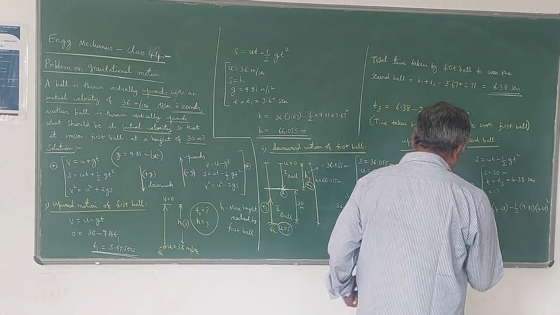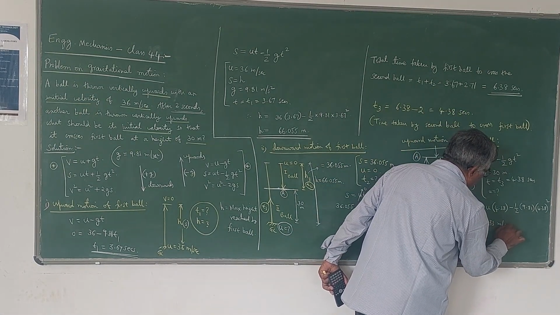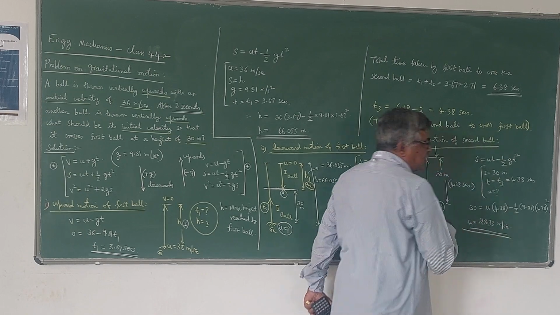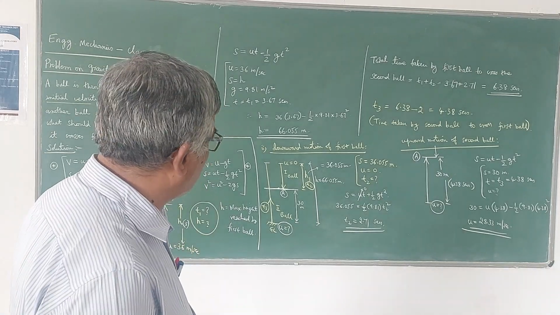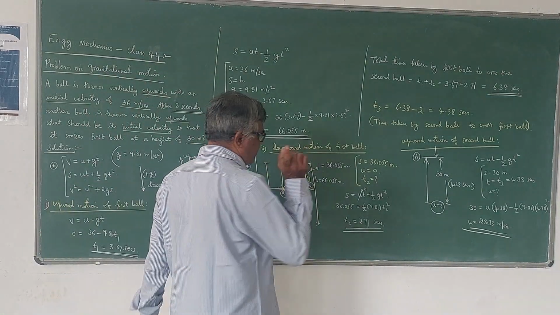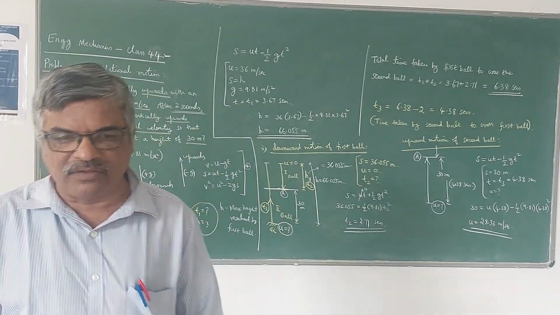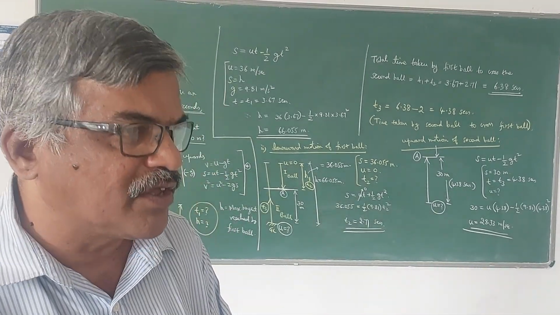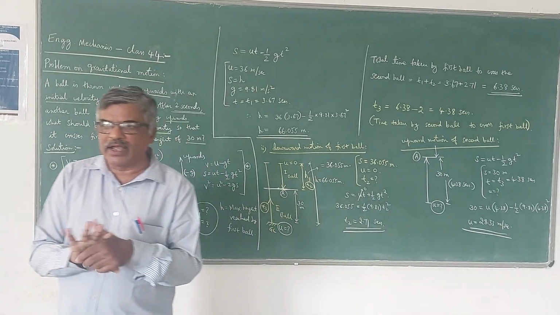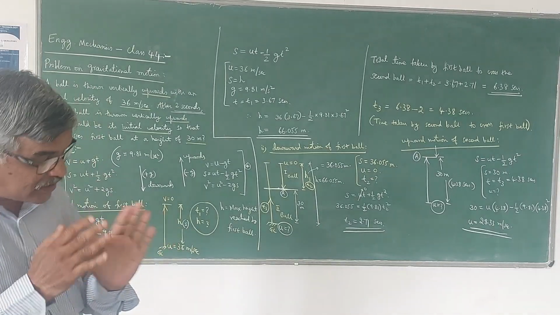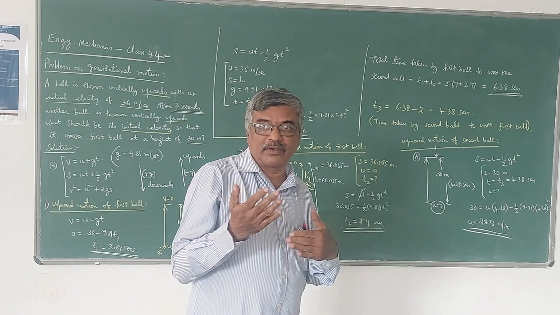28.33 meters per second. That is the velocity with which the second ball is thrown upward, so that it crosses the first ball at a height of 30 meters. So this is the problem regarding gravitational motion. In gravitational motion, you have to replace the acceleration a by the acceleration due to gravity, 9.81 meters per second square.